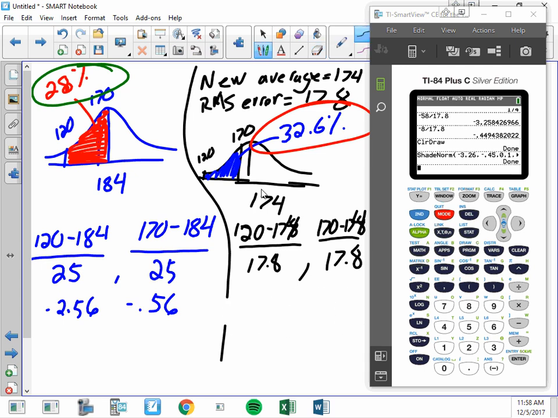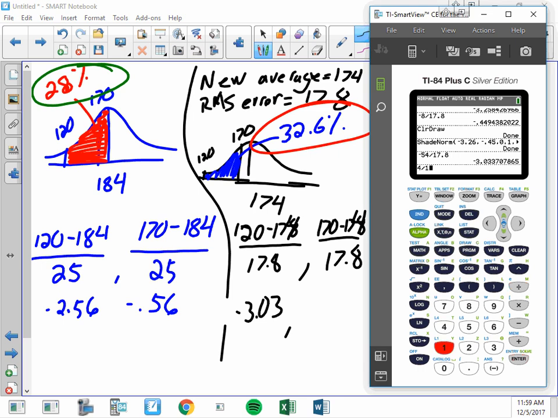So then it's negative 54 divided by 17.8. Yep, so negative 3.03, and then 4 divided by 17.8 is negative 0.23, and I need to redo my shade norm.